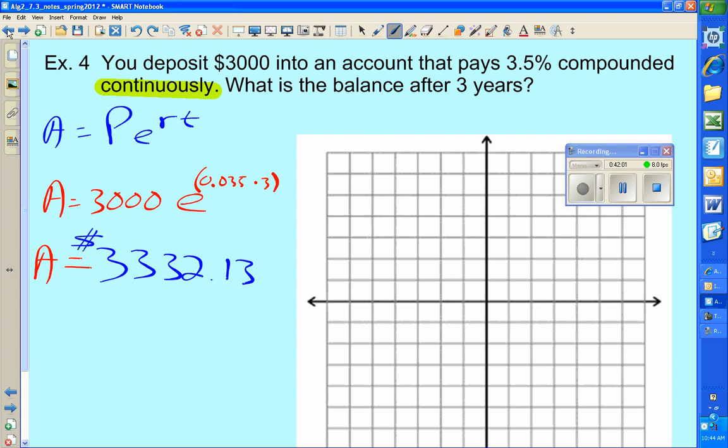Let's see who's been really paying attention in the last few days. What does the graph look like for this function? No. Wrong answer. I may look like that, but not the right answer. 2 words. What does the graph look like for this function?